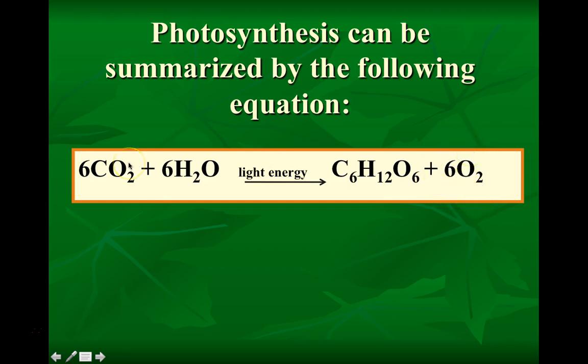So the reactants of this reaction are carbon dioxide, water, and energy from the sun, which is light energy, to form our products of 1 molecule of glucose and 6 molecules of oxygen.